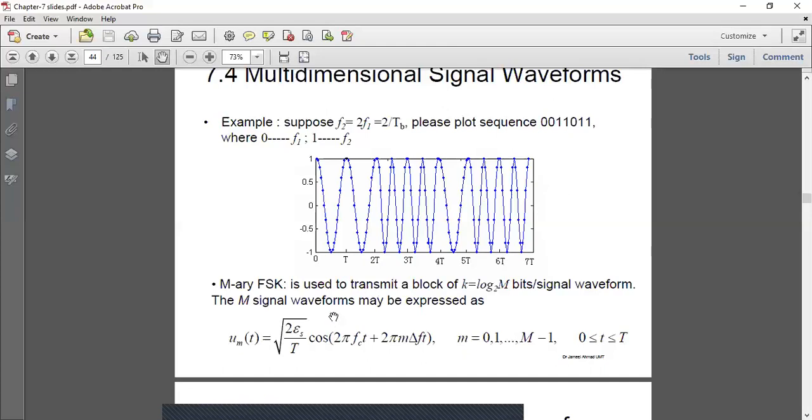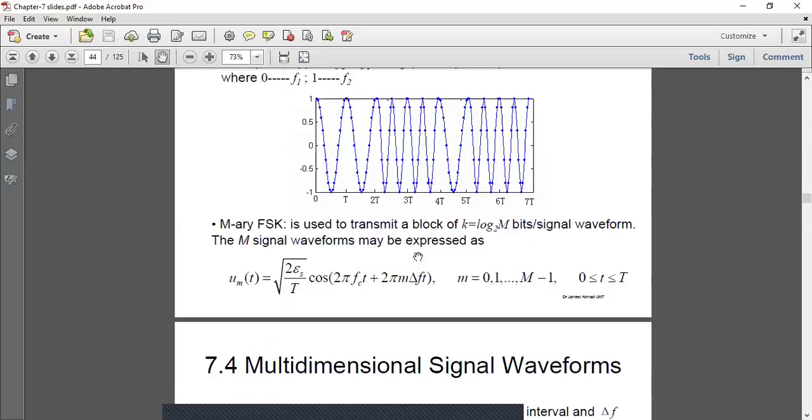So M-array FSK is used to transmit a block of k equal to log 2 M bits per signal waveform. So for each signal waveform, we are now using k bits. If we have k bits, then we can use the band pass signal like this, cosine 2 pi Fc t plus 2 pi m delta f times t.